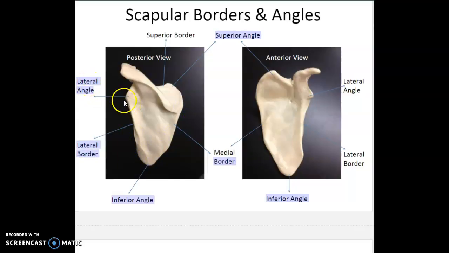But the lateral angle is kind of where the lateral border meets the glenoid fossa. So that little point right there, where the lateral border and the glenoid fossa or glenoid cavity kind of come together. So you can see points and angles. So lateral angle, inferior angle, superior angle, medial border, lateral border, and superior border.